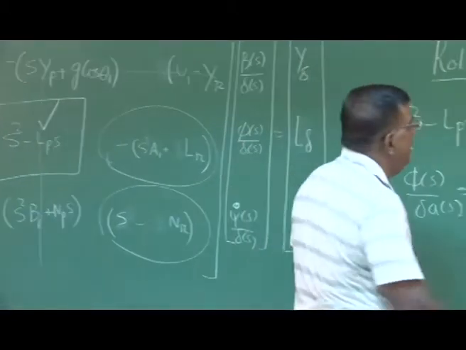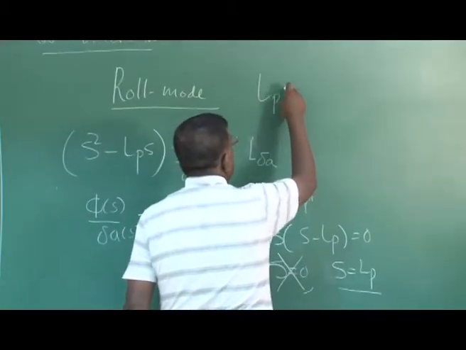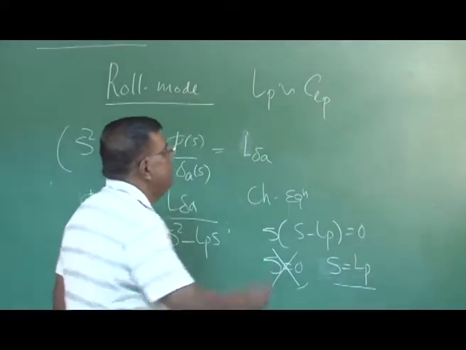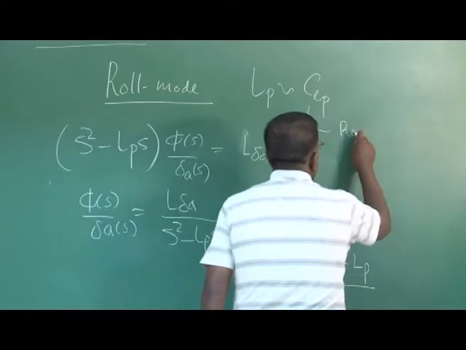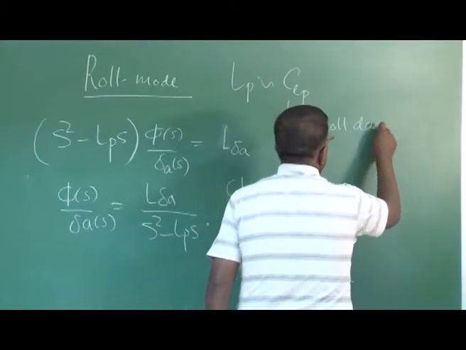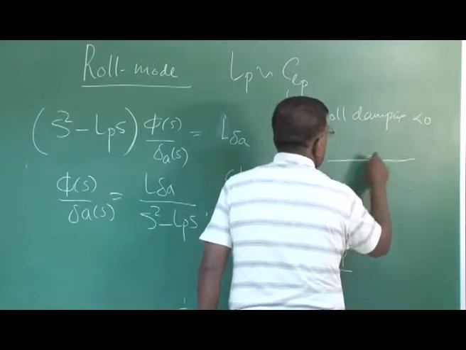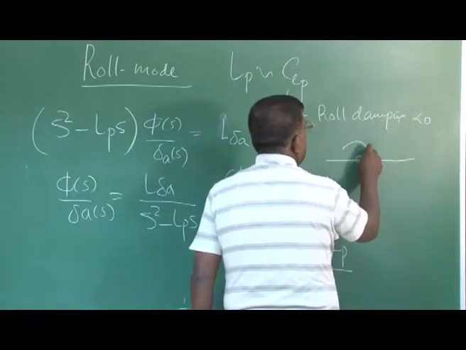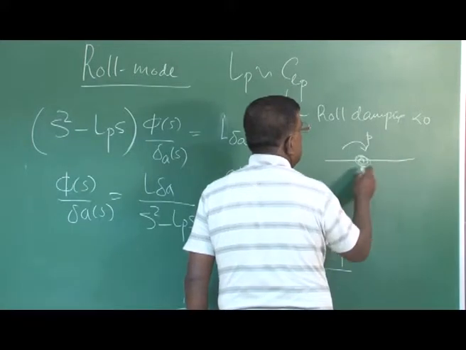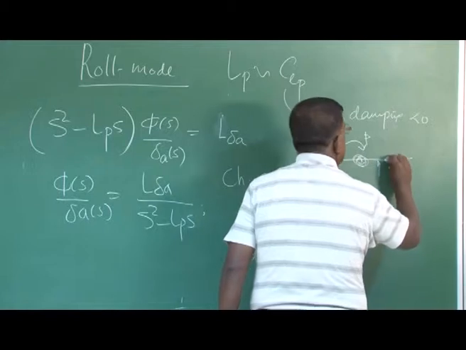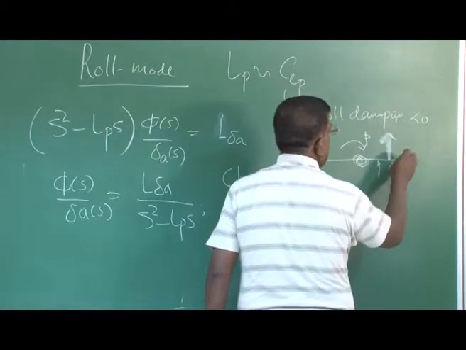And what is LP? LP has CLP in its term, and CLP is roll damping, which is less than 0. Just to recall, if this is the airplane and it is having a roll rate P like this, then at every station there will be a relative airspeed, which will induce an angle of attack as it is moving.